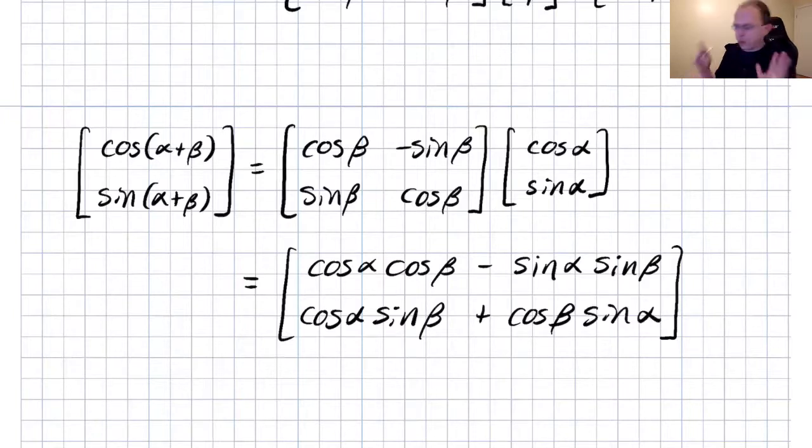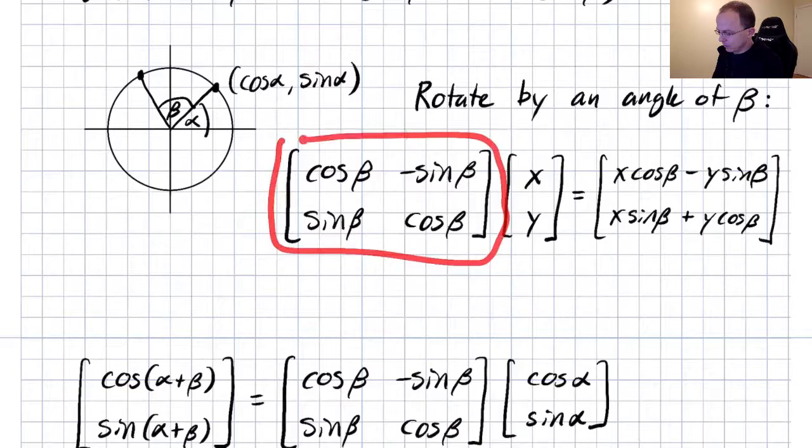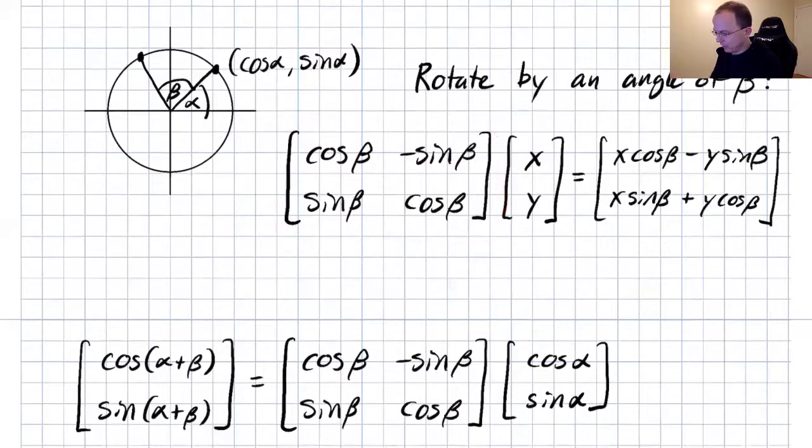We just combined a couple of ideas together, really one idea, which is if you want to rotate a vector xy by an angle of beta, then you just multiply by this rotation matrix. That's really the only idea that we needed.